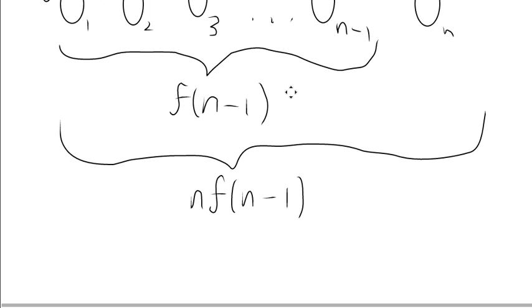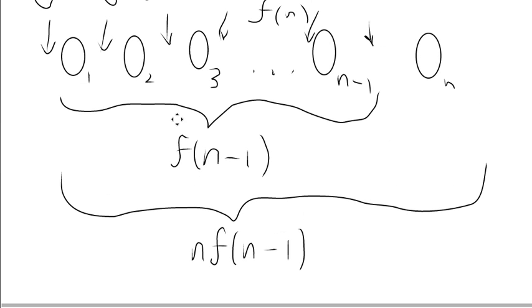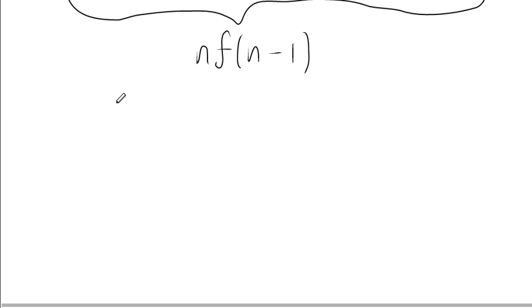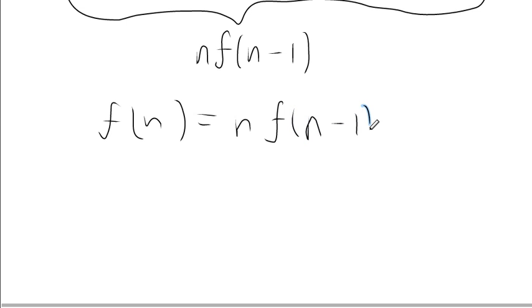Alright, and we can then see that there's n objects here, and we're looking for the number of ways to arrange n objects. This gives us the relation f of n equals n times f of n minus 1. Well, that's neat.